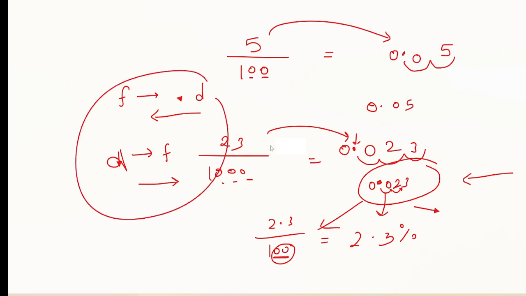So remember this, you can understand this with the help of this example. I'm going really fast because this is just a revision class. So this is what we do in fractions, I think.